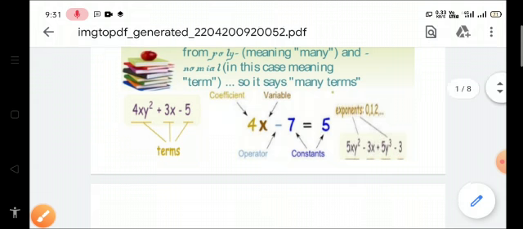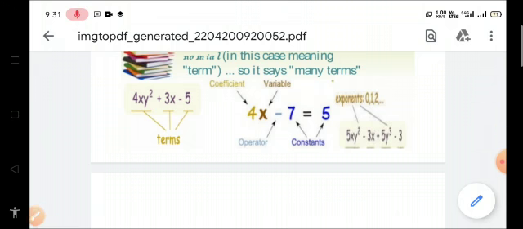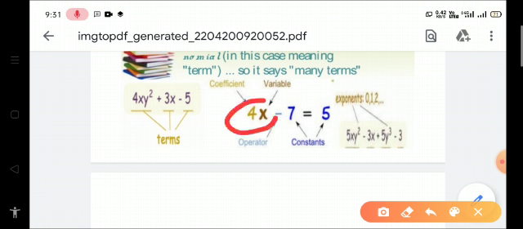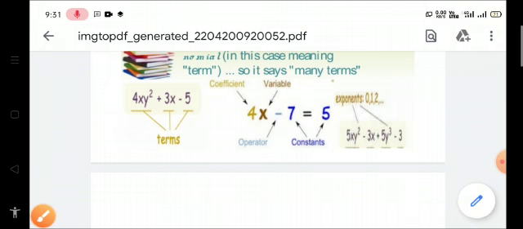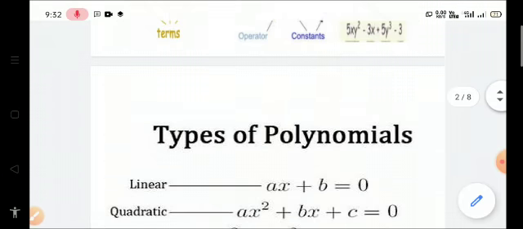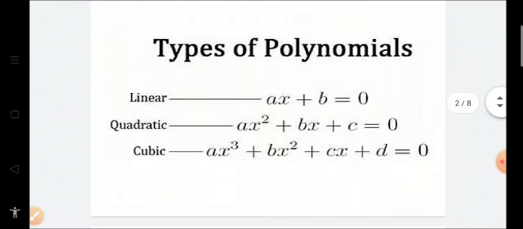When we talk about the coefficient and variables, in this case x is the variable and its multiple is known as the coefficient. Any variable having a multiple is known as the coefficient. So this is the terms, this is the coefficient, and now the types of polynomials.